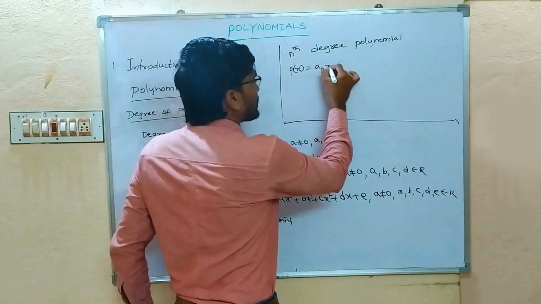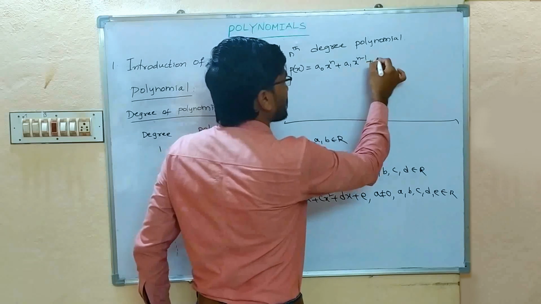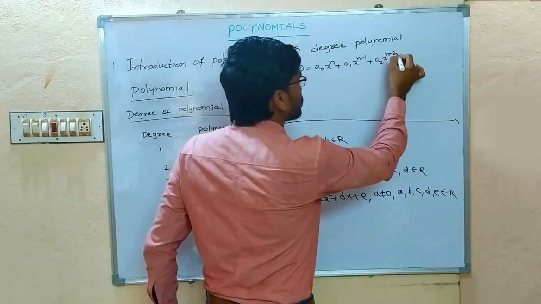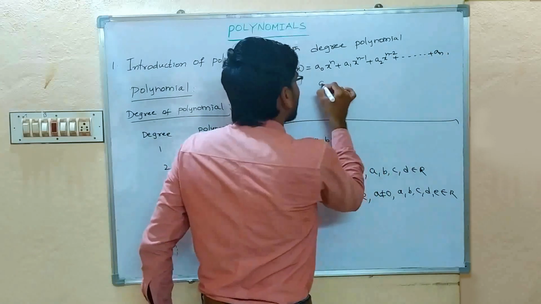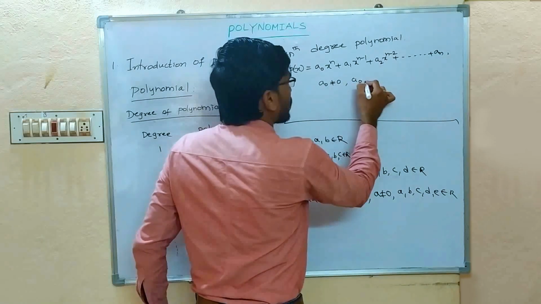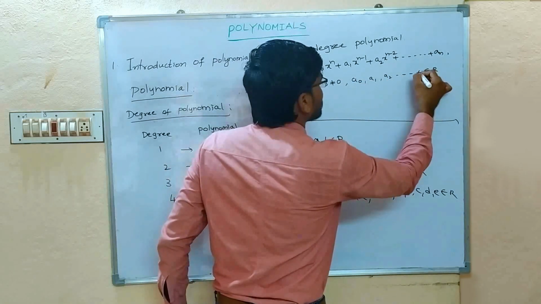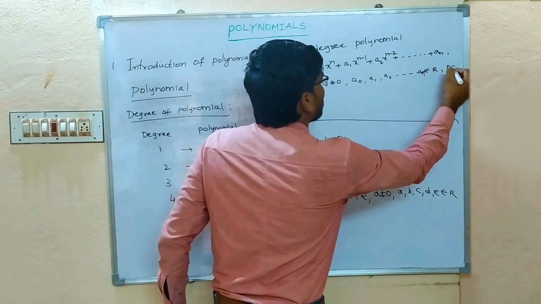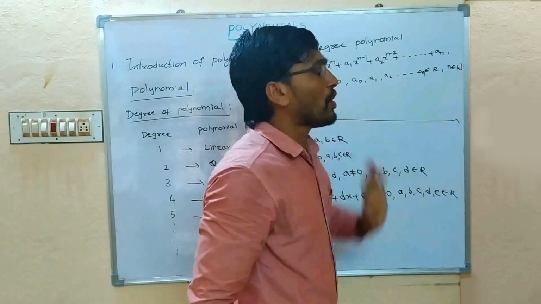So a naught x power n plus a1 x power n minus 1 plus a2 x power n minus 2 plus and so on plus an, where a naught is not equal to 0, and a naught, a1, a2 and so on belong to real numbers, and n belongs to non-negative integers, nothing but whole numbers.